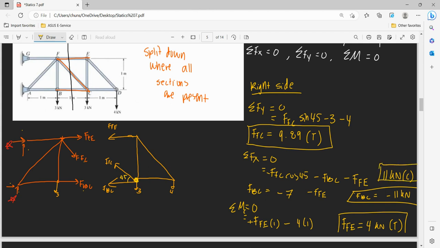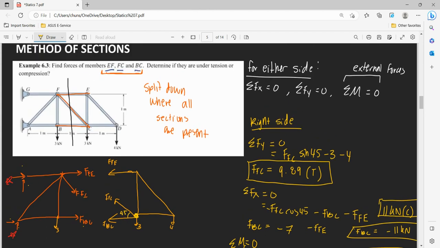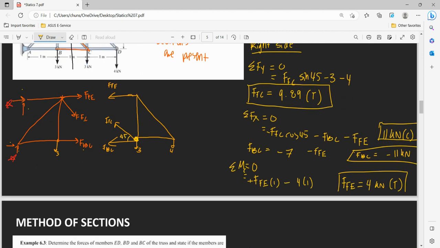Okay, and that's all we need for this question because it's not asking us for the reaction forces. But you could use these forces to determine the external reactions. But this is how to solve this using the method of sections.